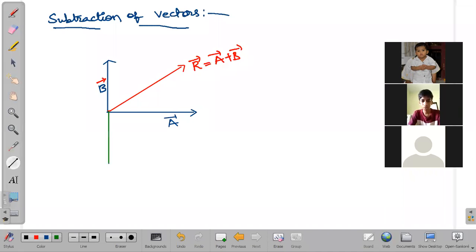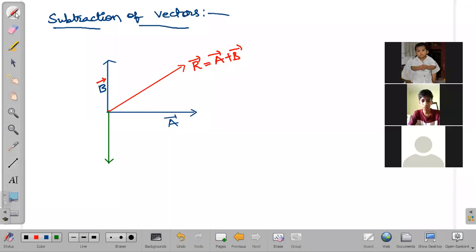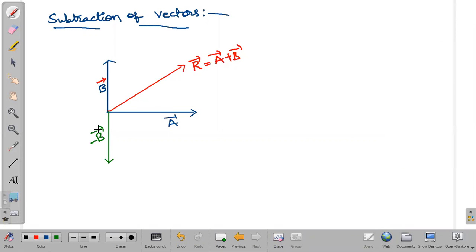Now, again we go with the same method. This vector and A bar will be added. This vector is B bar only, but it has a negative sign. Now if we add A bar and minus B bar, the negative vector of B, we will get a resultant.